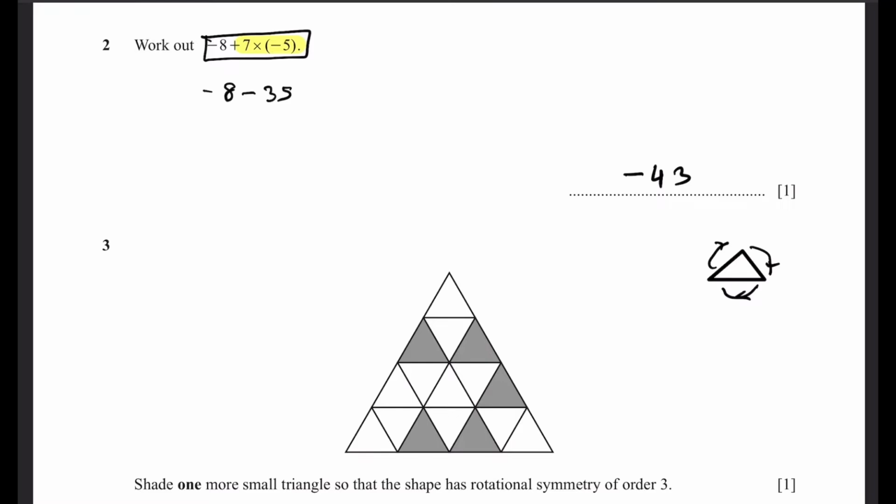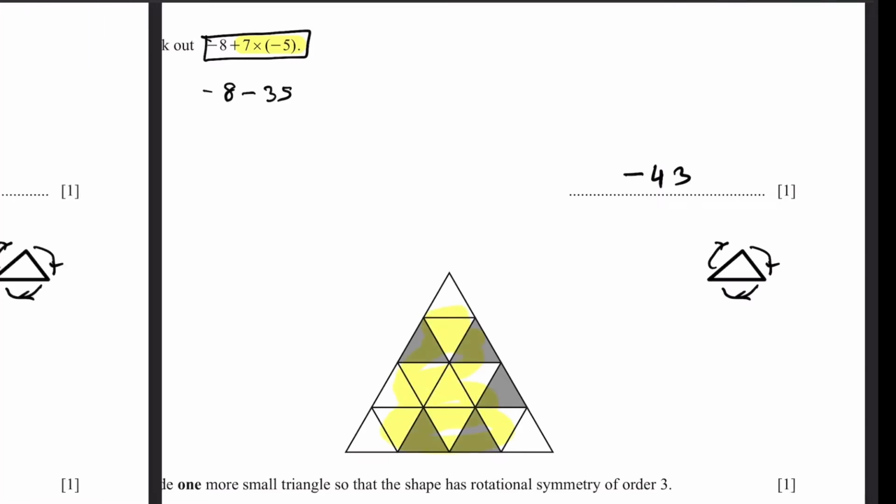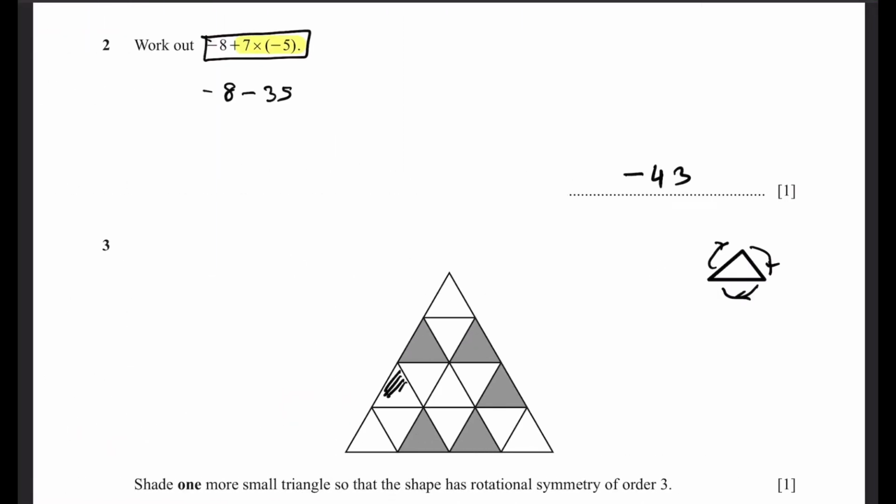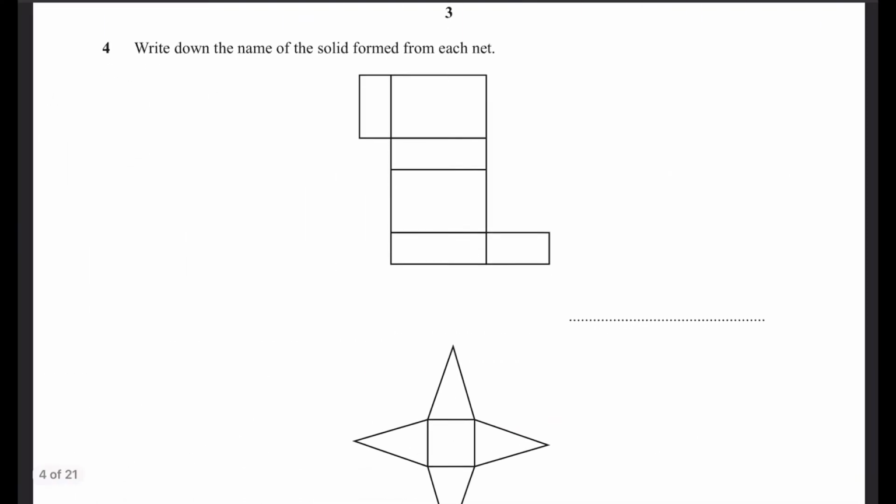So if you see the things in this diagram, let's shade this one and check it. You'll find out its order: if you rotate in this direction and this direction, it will exactly match. Let us see this question.